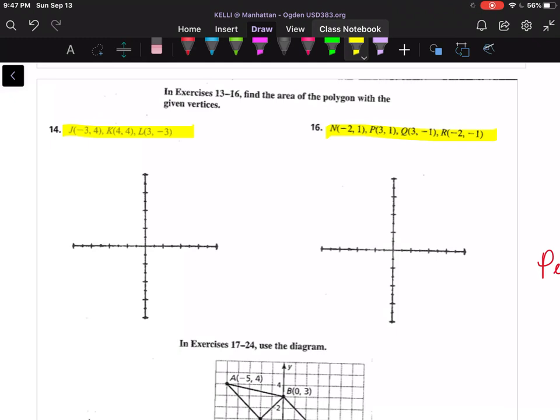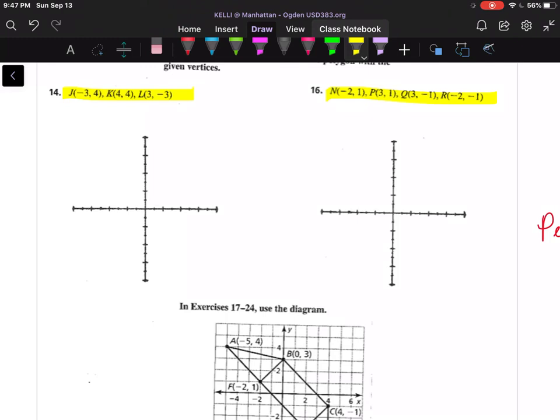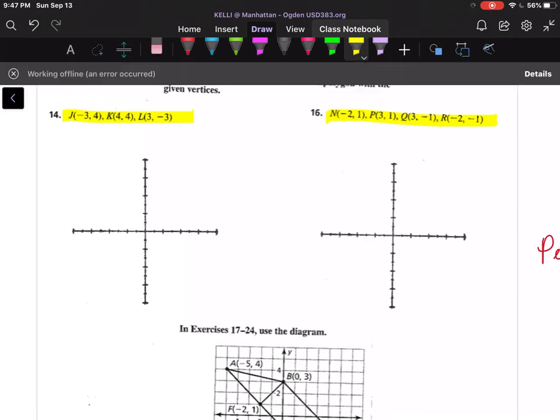So you're just going to need to go back to your notes for area formula, and once you find the length of the sides that you need, you plug them into the area formula. For a triangle, it's going to be half base times height, and for whatever kind of quadrilateral that is, it's going to be length times width. And so you don't really actually have to find all 4 sides on those, you're just going to probably need to find 2.